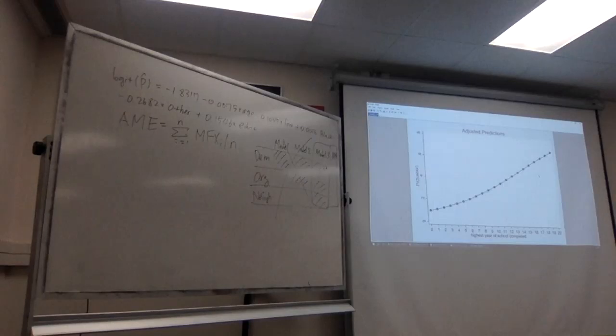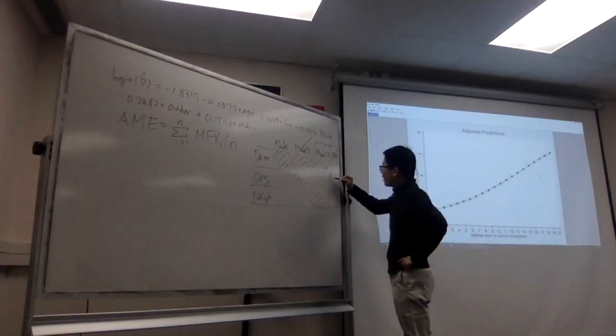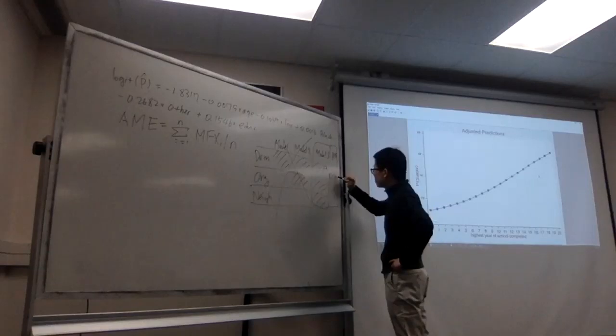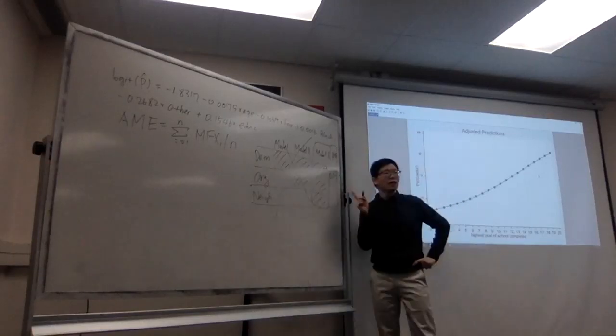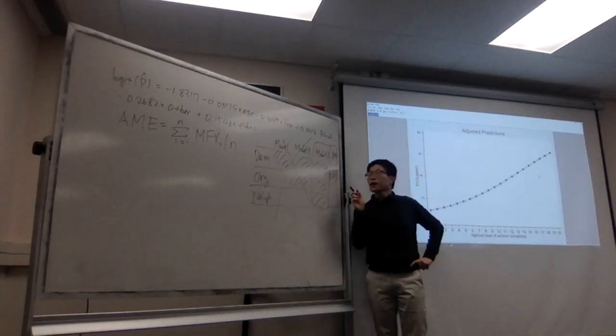My question was different. With the average marginal effect, if you have 0.03, for example, we could say this is also a predicted probability. Yeah.